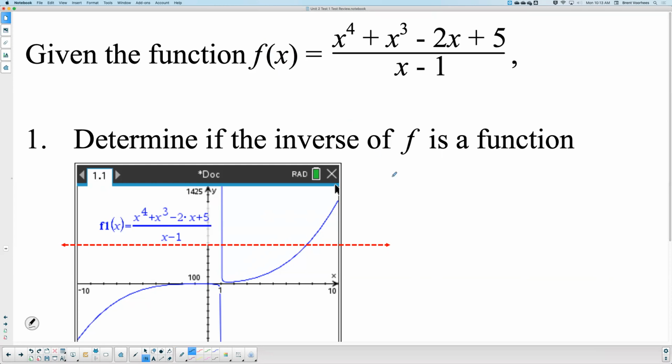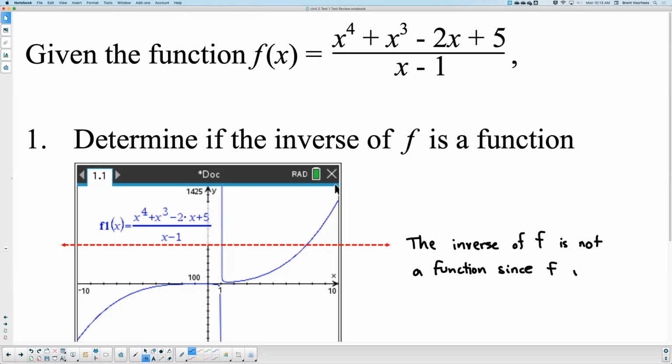That's a function. Okay. The inverse of f is not a function since, what did not pass the horizontal line test? The inverse or f itself?